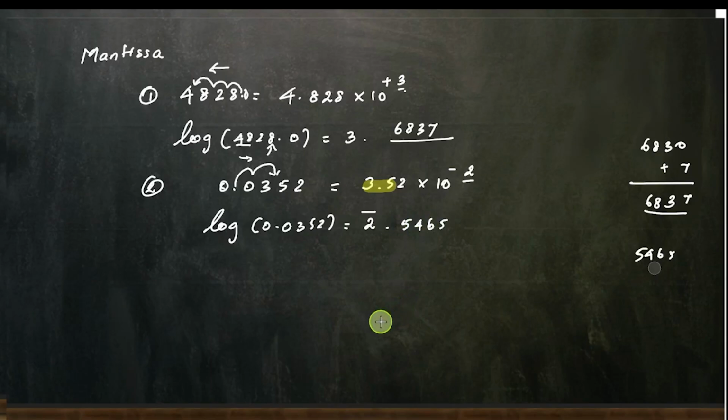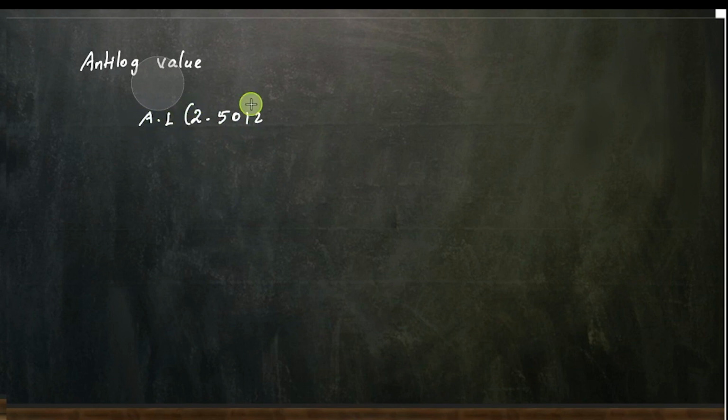Have you got it? Now let me explain how to use the antilog table to find out antilog values. Say I have a number 2.5012. If you want to find the antilog for this number, what do you have to do? Whatever we have done for log, we are going to do just the opposite.